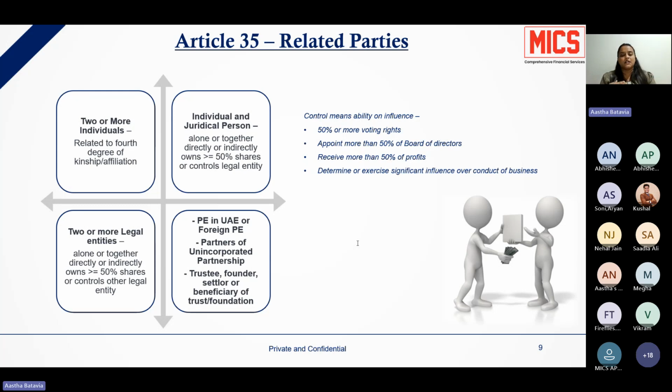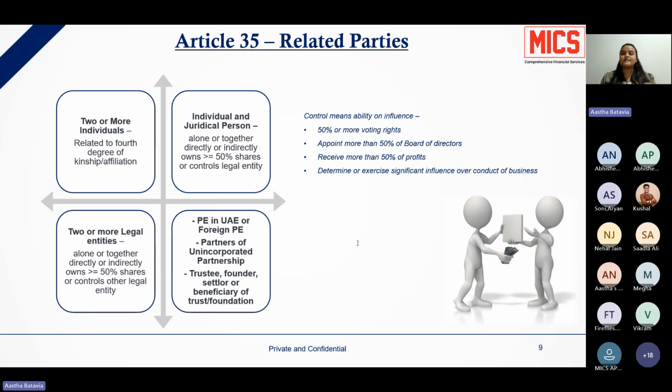If you are able to receive 50% or more of the profit, or you are having significant influence over any business, they have defined each and everything. If anything is not covered by these situations, but the FTA is able to establish that you are having significant influence over a business, then you will be treated as a related party, and transactions should be at arm's length.